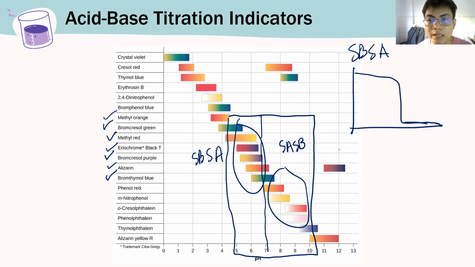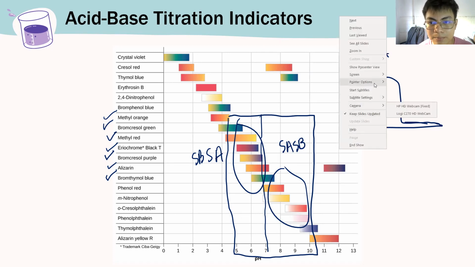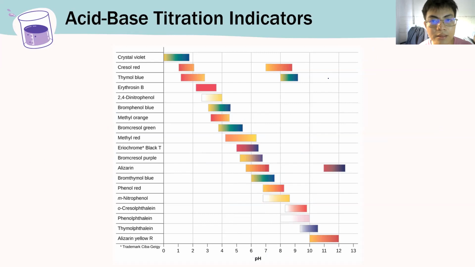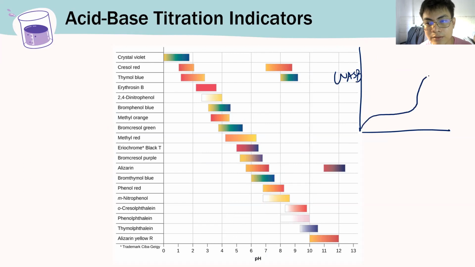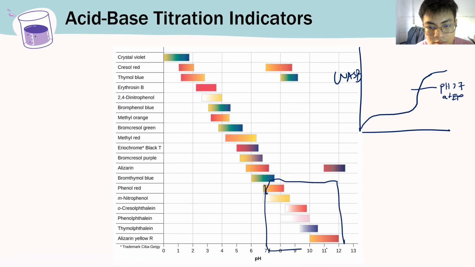Paano naman kapag weak? Paano kapag weak acid, strong base na? So your pH is greater than 7 at the endpoint. So you may want to choose indicators that will change color past 7. So around dito na yung pwede mo piliin.